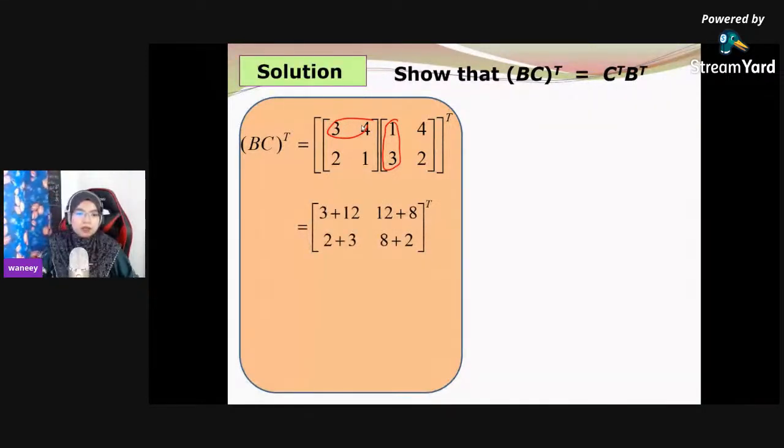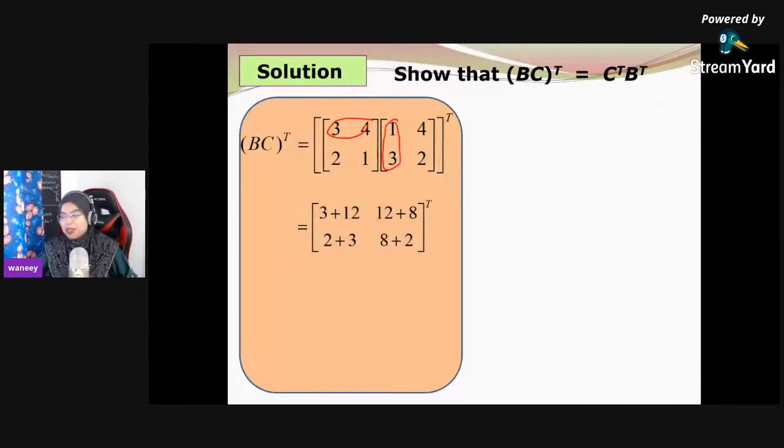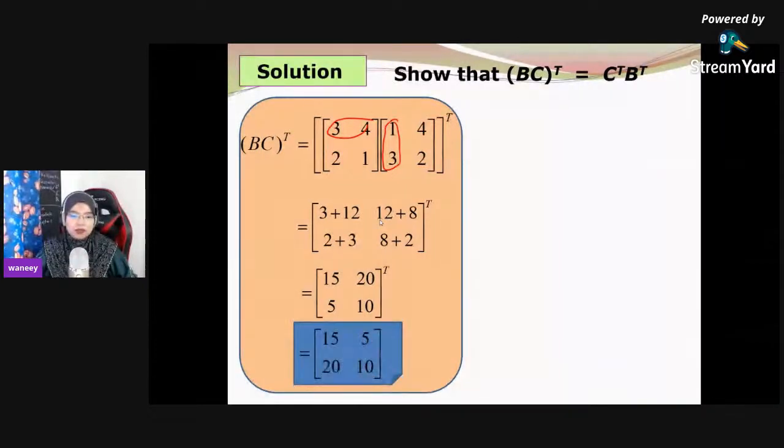So it will become 3 plus 12, 12 plus 8, 2 plus 3, 8 plus 2. So now make sure to simplify the element inside the bracket before you transpose them. So 15, 5, 20, 10. So that is (BC) transpose.